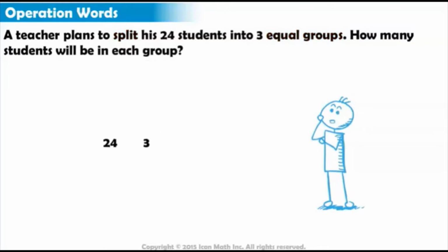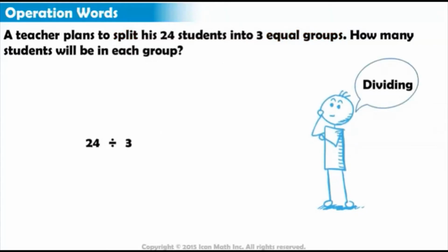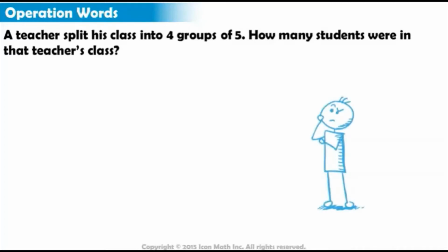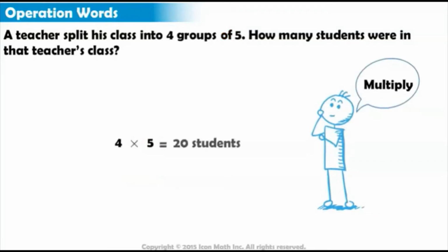When we split something into equal groups, we are dividing. What if a different teacher already split his class into 4 groups of 5? How many students were in that teacher's class? Can you find the clue word? The clue word here is of. Of is a clue word that often means to multiply. Great!